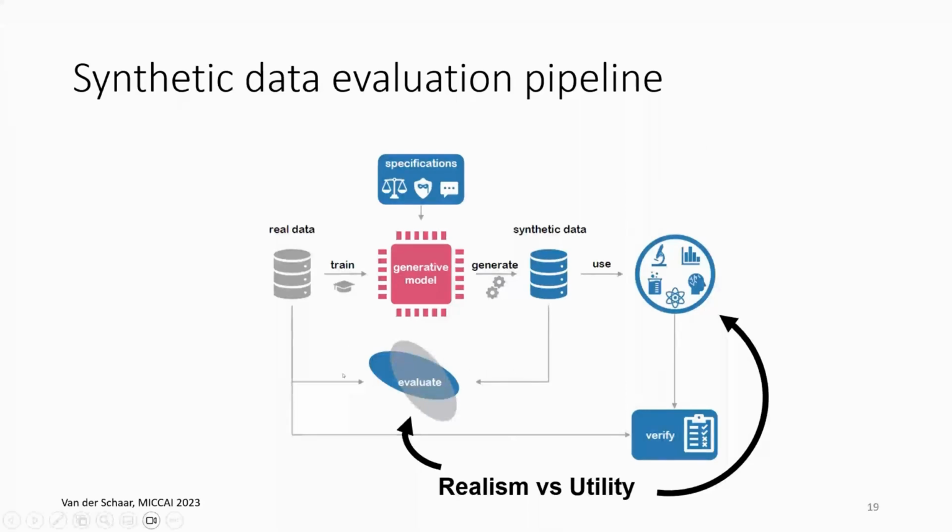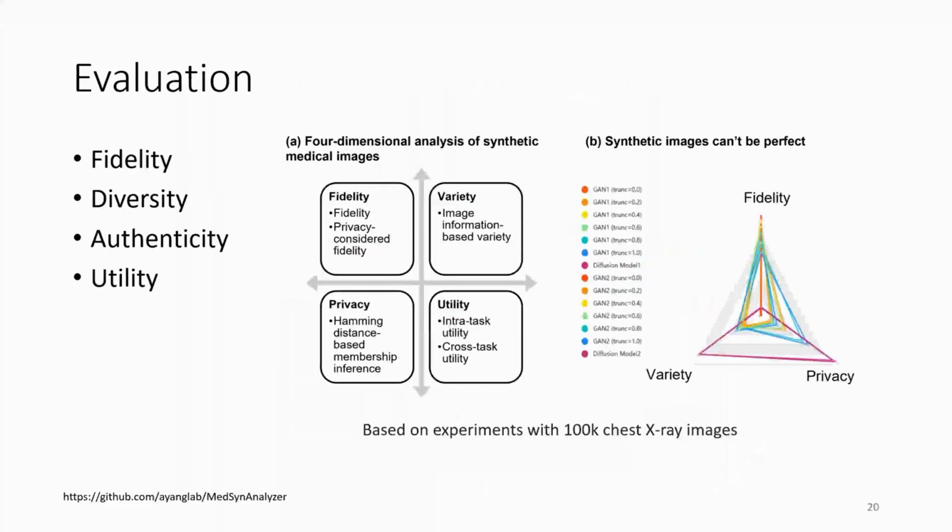But then how you evaluate the data is based on some metrics that we'll discuss later. And this evaluation is basically a way to evaluate the realism of the data. But in our case, we also want to use the data for something else, for downstream tasks such as segmentation, and this is where the utility comes into play. So there are two things that we have to evaluate here.